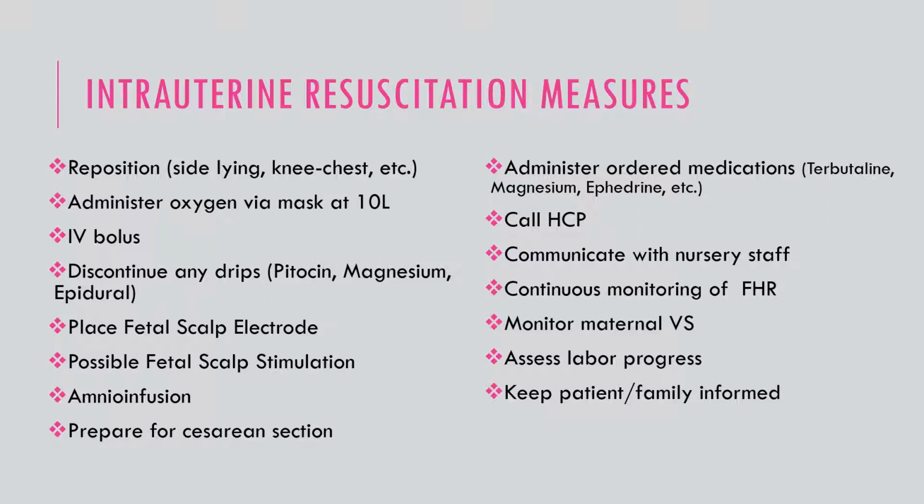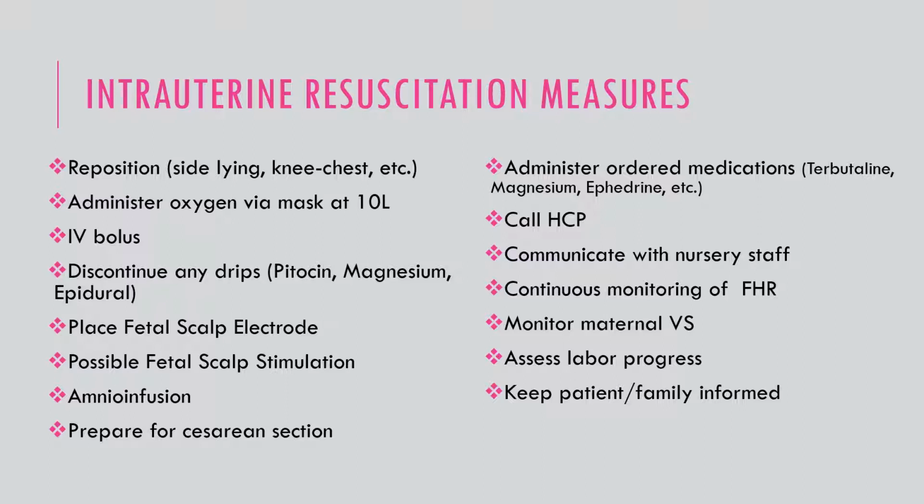An IV bolus, discontinuing any drips that you have going or meds that you are continuously giving. Maybe putting on a fetal scalp electrode to help you better assess the fetal heart rate if we're using an external monitor. We might want to do some fetal scalp stimulation, possible amnio infusion, but you would have to have an order for those things.